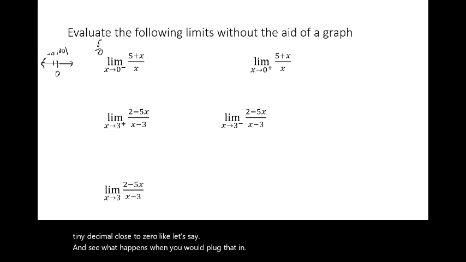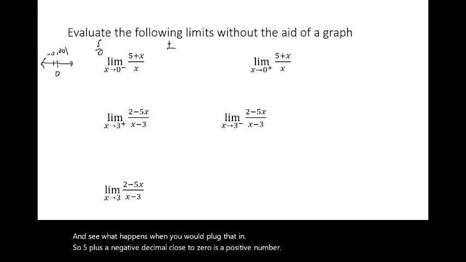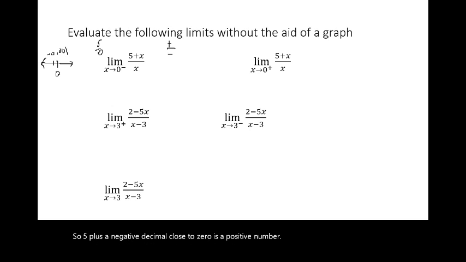It's just a question of, is it positive infinity or negative infinity? So 5 plus a negative decimal close to 0 is a positive number, divided by a really tiny negative decimal close to 0 is a negative. A positive divided by a negative is a negative, so this limit is equal to negative infinity.